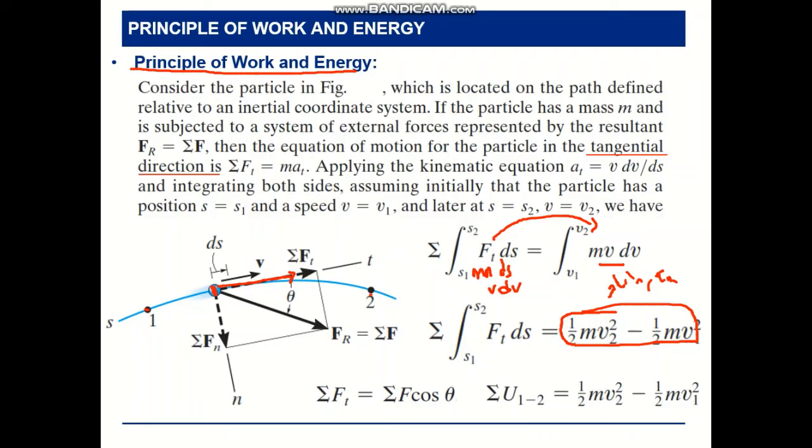Here, if we take the resultant force, and there is a theta, to project this resultant force into the tangential force we need to multiply by cosine theta. Sine theta is going to give us the normal direction force acting on this particle.